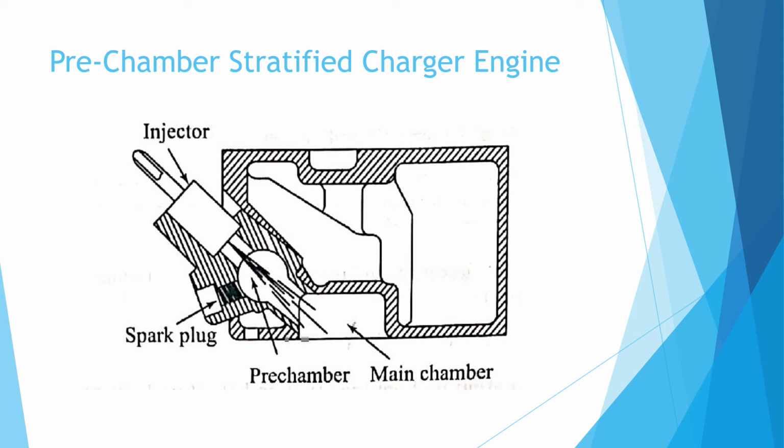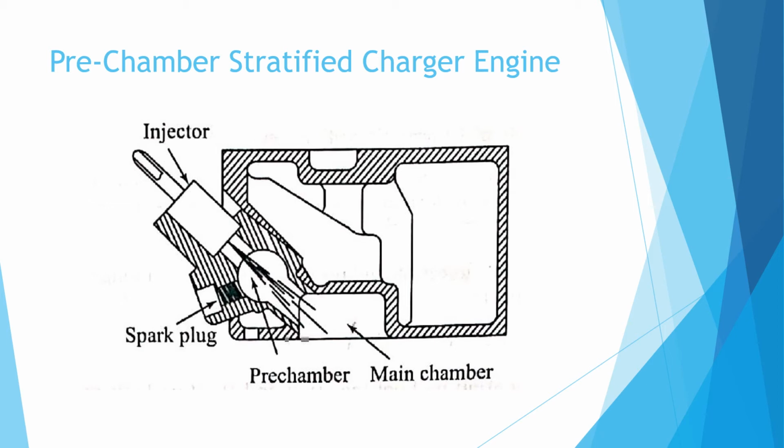In this arrangement, a rich mixture is formed near the spark plug by fuel supply from the injector. A carburetor supplies lean mixture to the main combustion chamber. The auxiliary charge burns in the prechamber and comes out through its throat into the main chamber and burns the lean mixture present there. Thus, a lean overall mixture can be burned.